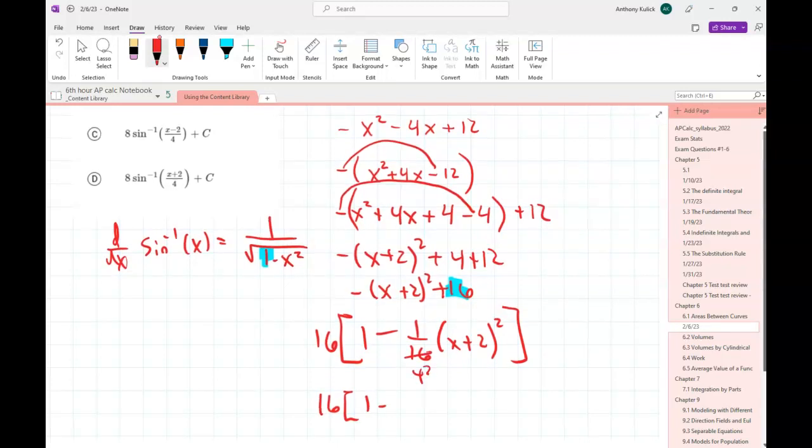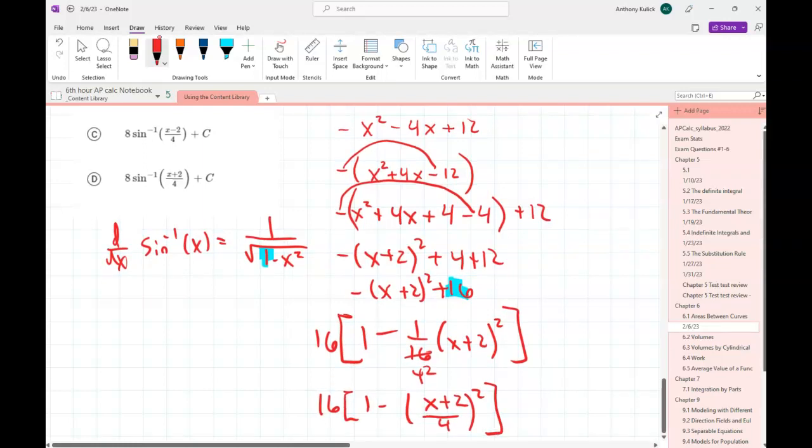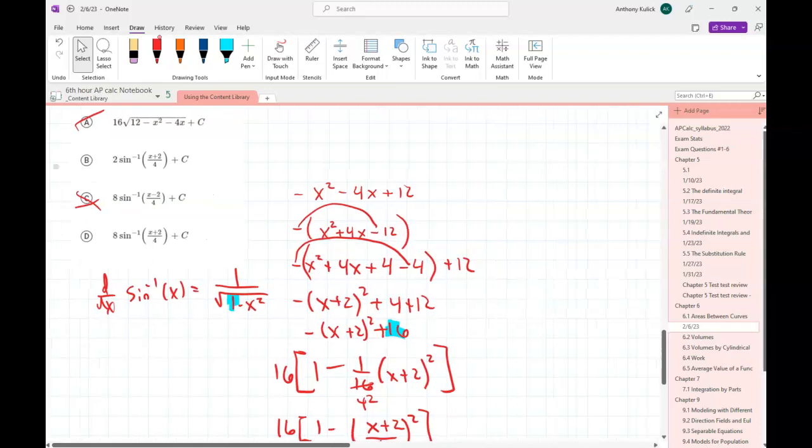So I can think about this as 4 squared. So I can absorb that now inside of my quantity there. That allows me to get rid of option C, because I know it has to be x plus 2. Yay! That's something.